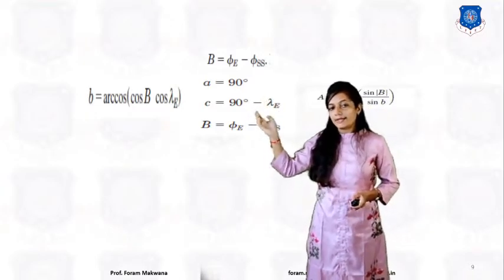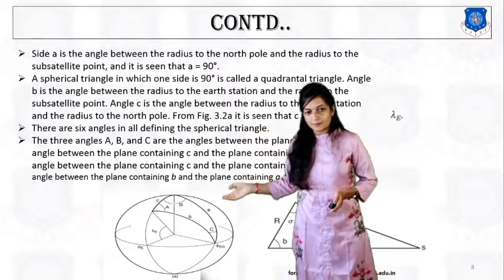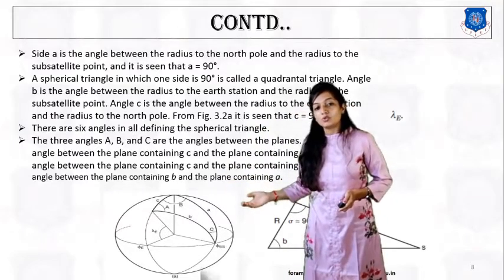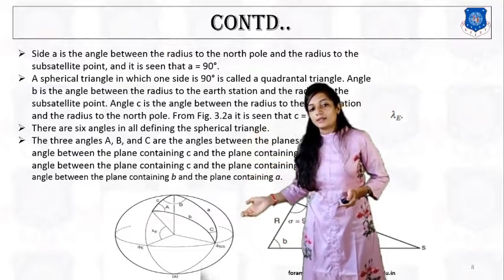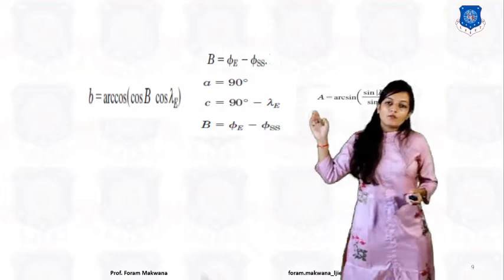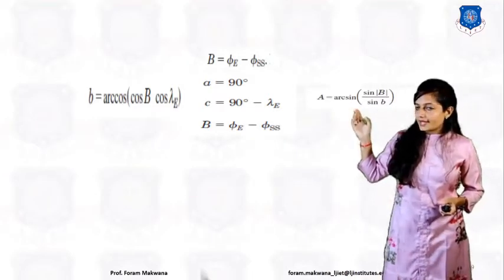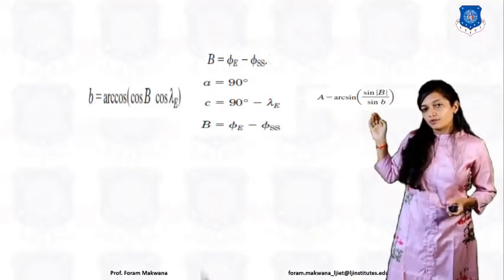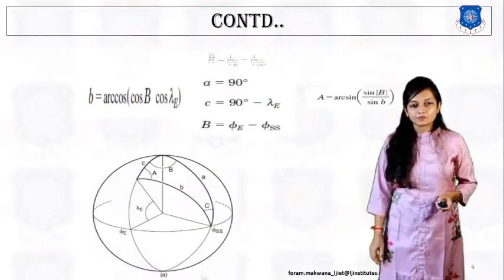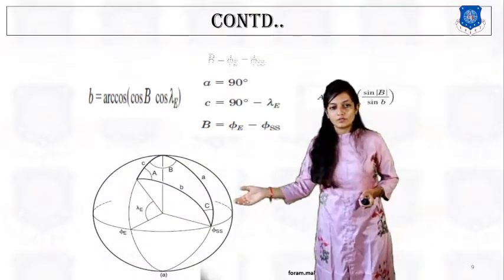Small c is equal to 90 minus lambda E. How does it come? Total angle is 90 degrees, and if I subtract lambda E, then we are able to calculate the value of small c. For capital A, it is sine inverse of sine mod B upon sine small b. Alright? From over here.